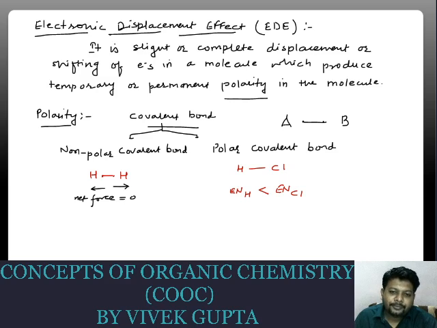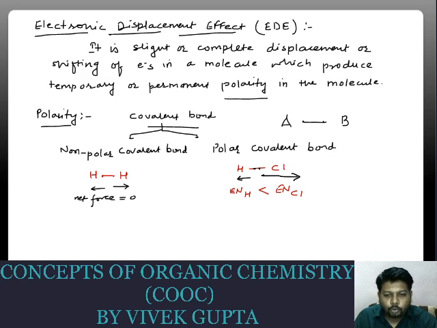Basically, electronegativity is the relative tendency of an atom to attract a bonded pair of electrons towards itself. So chlorine will pull the bonded pair of electrons towards itself more as compared to hydrogen.